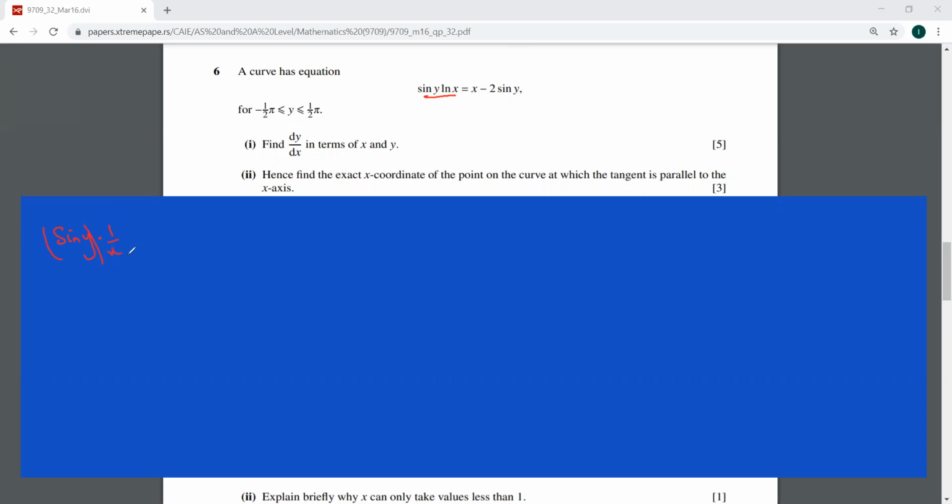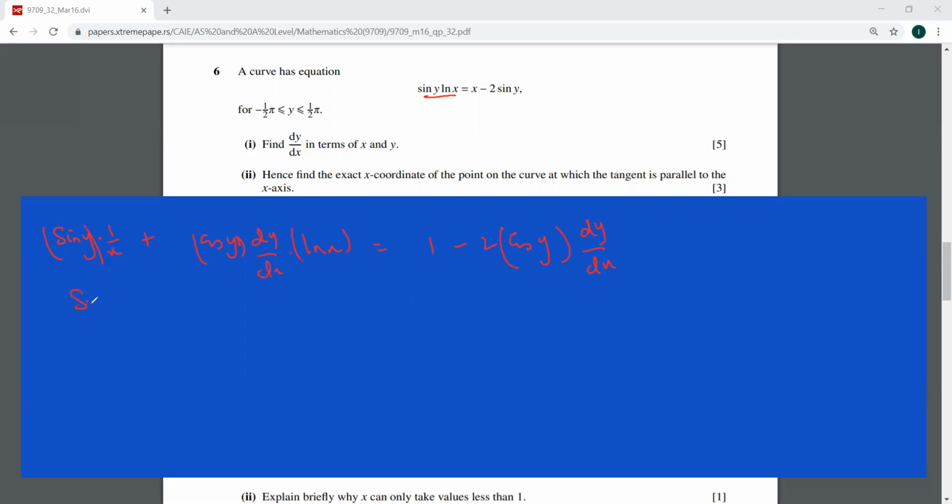Okay, and plus sine y's derivative is cos y times dy by dx, and this ln x comes as it is. And then you have equal to 1 minus 2 cos y, and then you have dy by dx.